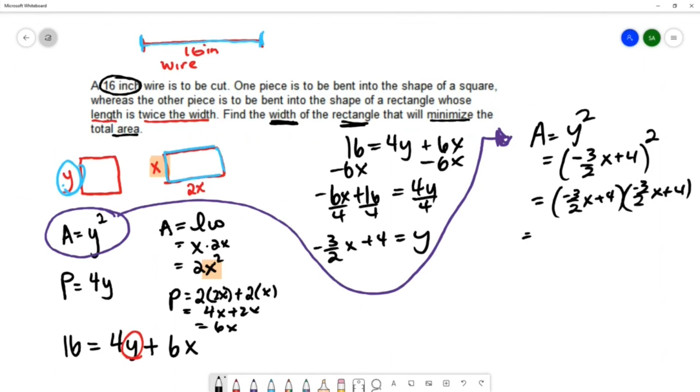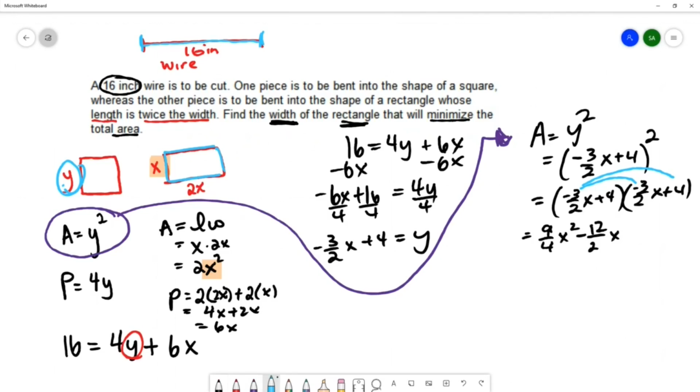Let's multiply it out. This would be positive 9/4 x squared. And if I multiply the first two, and I'll multiply the outside two, that would give me a negative 12 over 2 x.